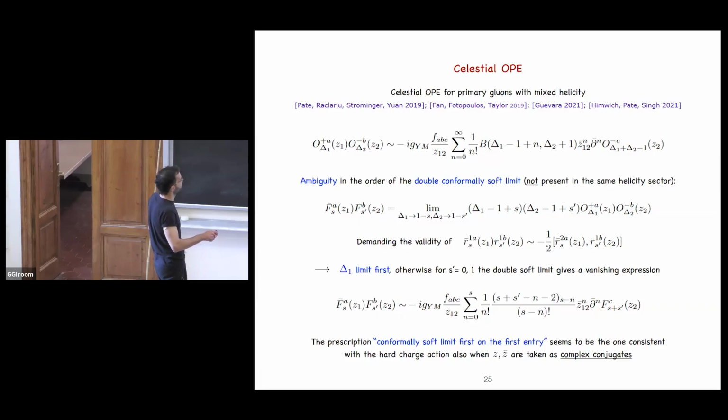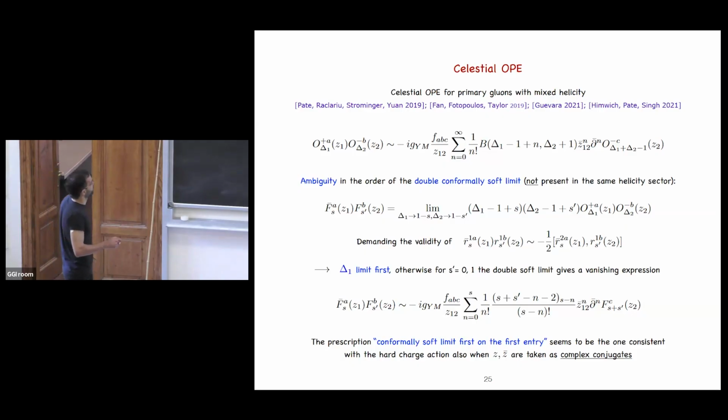The important piece is that you have a soft charge here and a hard charge here, and then you can act on whatever you want. Now, if you demand this also for the mixed helicity sector, then there's only one prescription that is compatible with taking the double soft limit, which is the delta going soft first, because it's always the first entry that has to be soft so that I can understand this OPE in terms of a hard charge action.